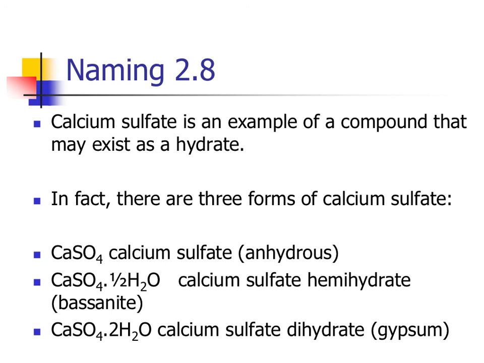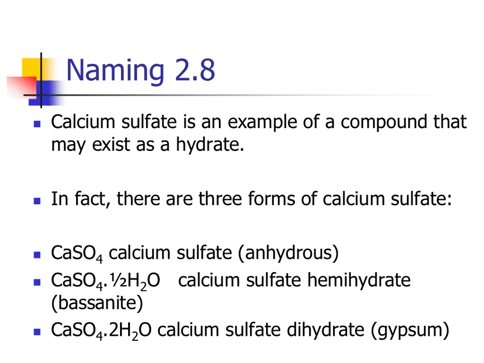Calcium sulfate is an example of a hydrated compound. Calcium sulfate actually can happen in 3 different manners. One, calcium sulfate, the anhydrous. That's what you would probably guess and be able to identify based on the name.